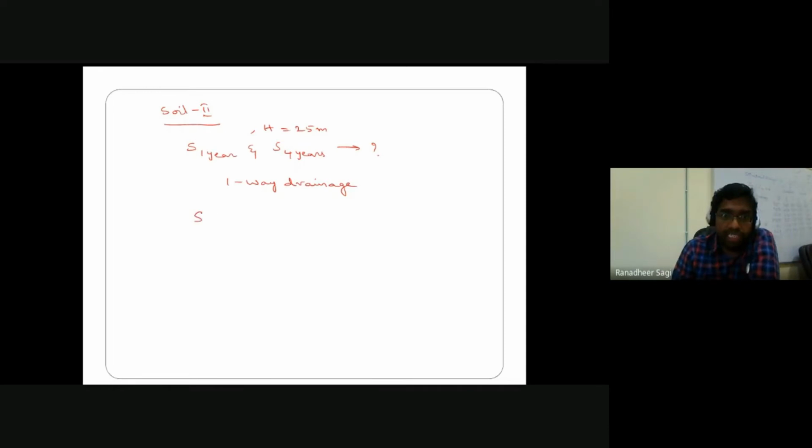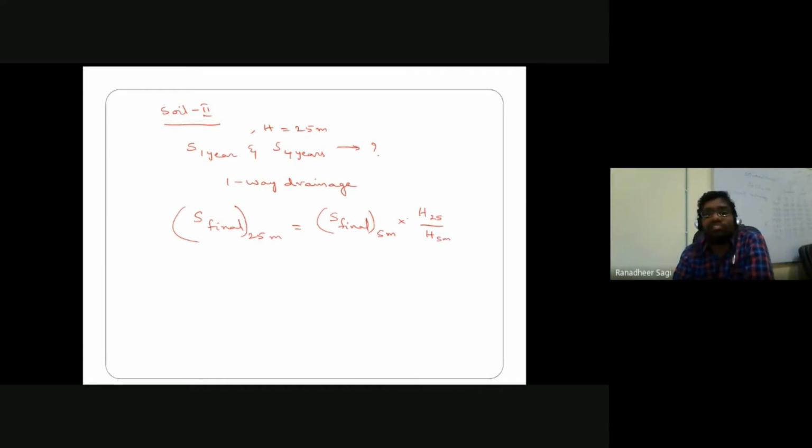The final settlement in the 25 meter thick layer will be equal to the final settlement in the case of the 5 meter thickness layer, multiplied by the height of the soil strata in case 2, that is 25 meter, divided by the height of the soil strata in case 1, that is 5 meter.